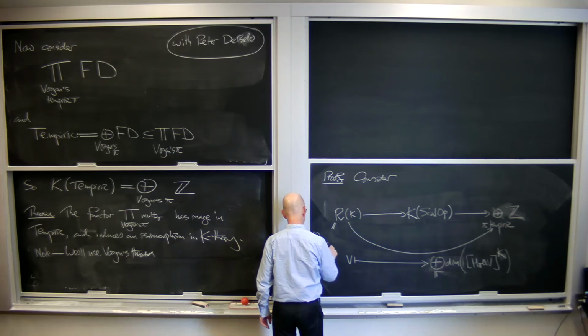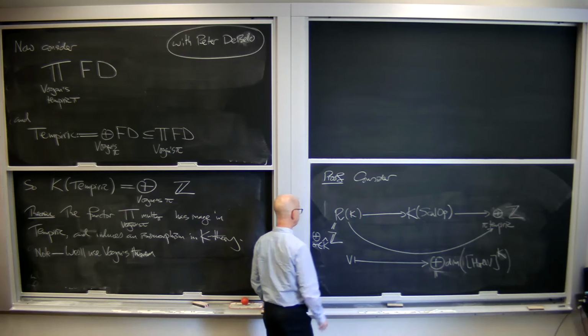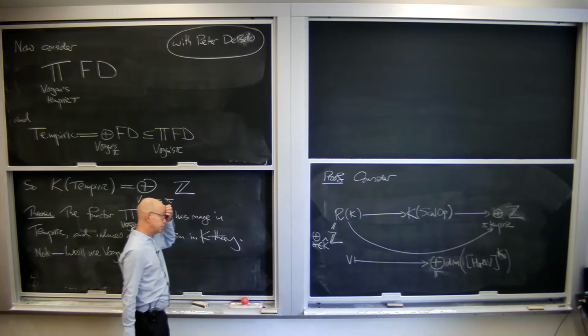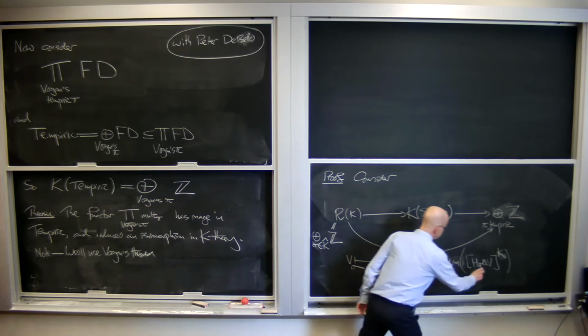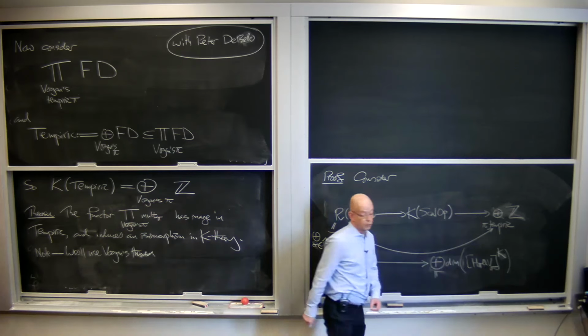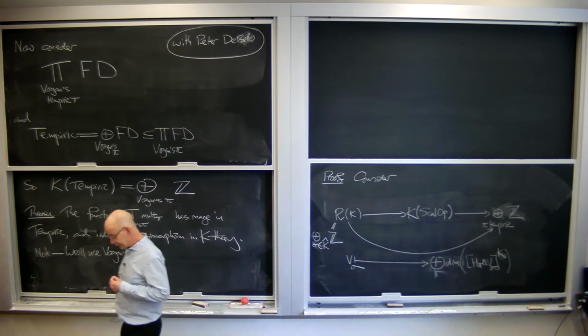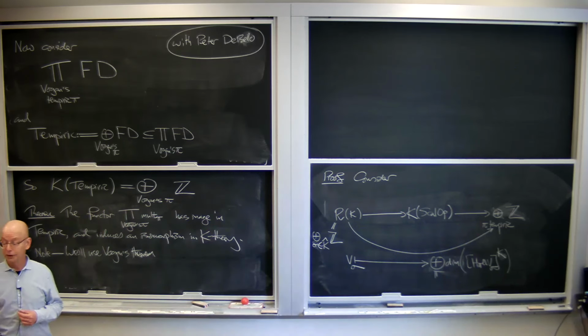Sigma in K hat, copies of Z. What Vogel's theorem says is that when you write down this map as a gigantic matrix, it's upper triangular and the ones down the diagonal.